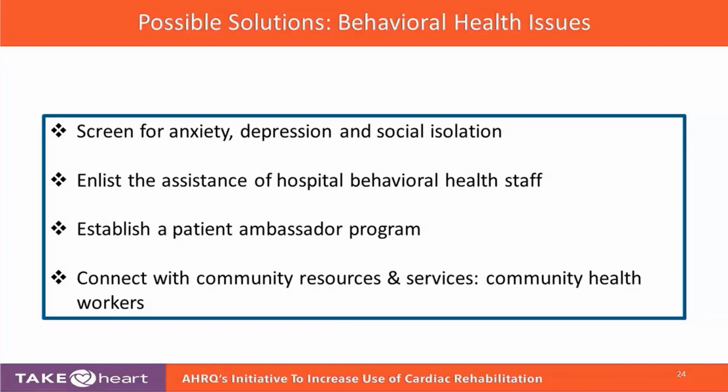And this is another spot where those patient ambassadors can be helpful too, reaching out, especially with the social isolation piece. The hope is that you can bring someone who is socially isolated into CR, and then CR will provide that added benefit of forming a social connection for that person as well. But once again, just really knowing what your community resources are and how to connect them to your patients is key for supporting that area.